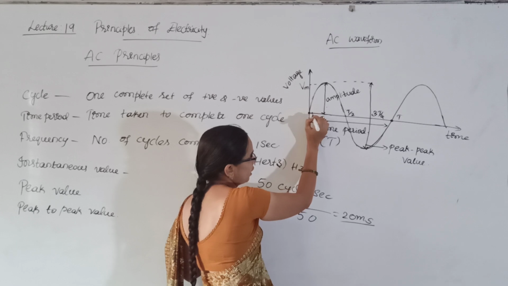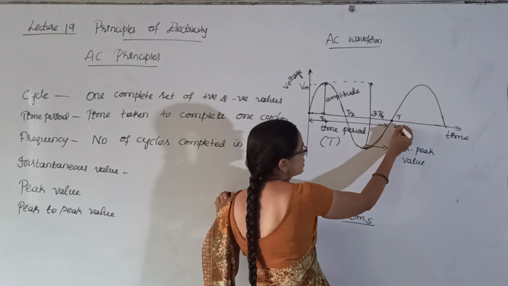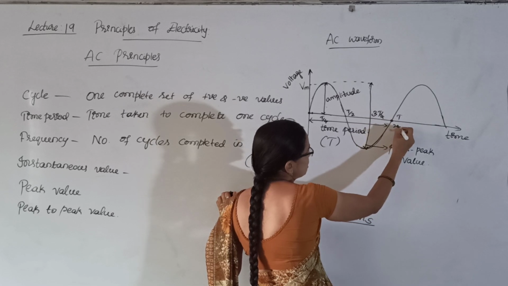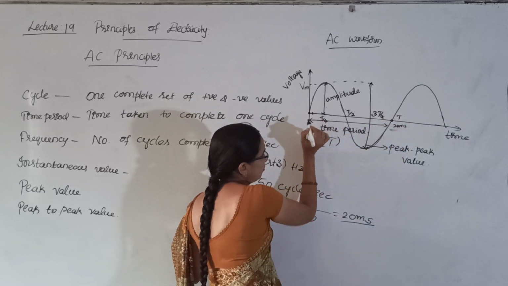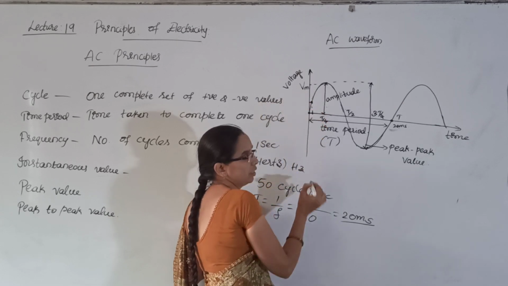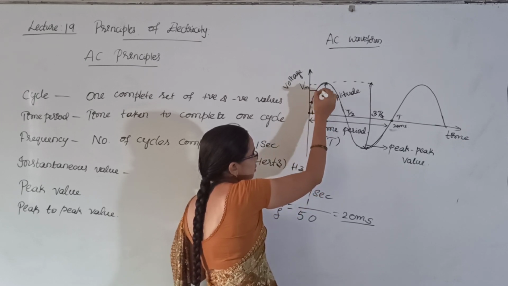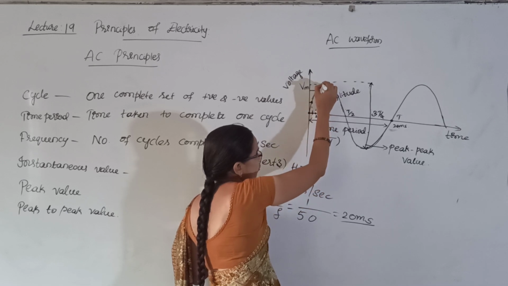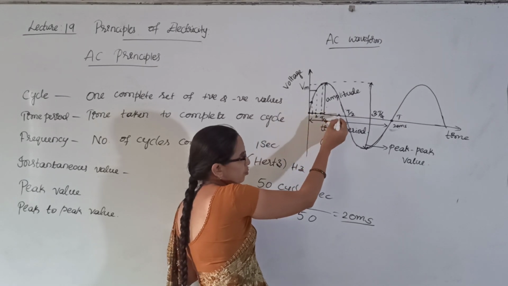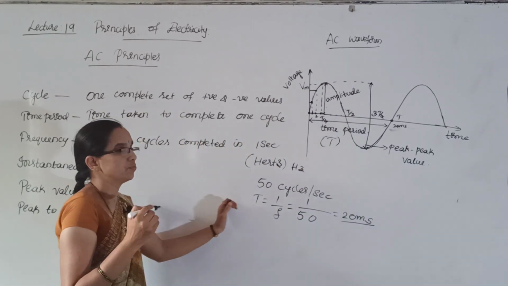In this 20 milliseconds, one cycle, if I take 1 millisecond, the value of voltage is somewhere around here. For 2 milliseconds, somewhere around here. For 3 milliseconds, somewhere around here. At any instant of time, the voltage value you take is called the instantaneous value of voltage.